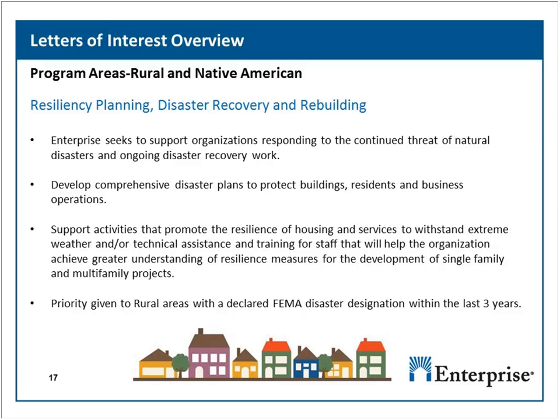That could be technical assistance and training for your staff that will really help you and your organization achieve a greater understanding of resilience measures that might be required in affordable housing. And in this category, priority will be given to rural areas with a declared FEMA disaster designation within the last 3 years. So just keep that in mind if you apply under this category. That is something we will be asking for.